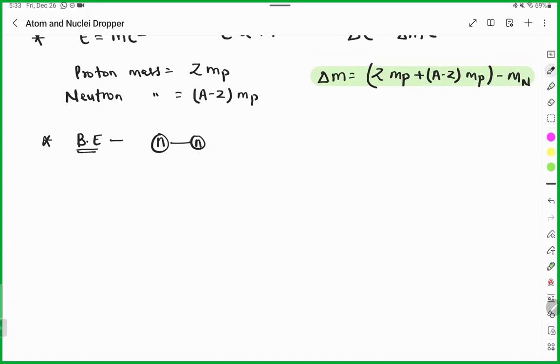The energy required in this is binding energy, and how much energy do we need for one nucleon? To calculate, calculate total binding energy and then divide by the atomic mass. You will get binding energy per nucleon. What is the significance of this binding energy per nucleon? Stability. If there is more binding energy, then stability will be high.